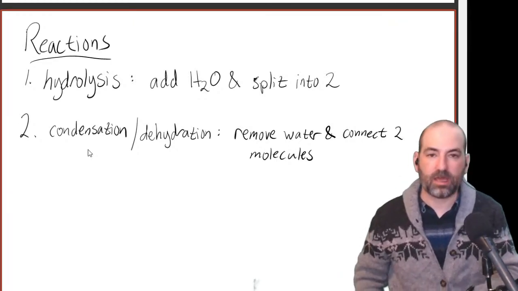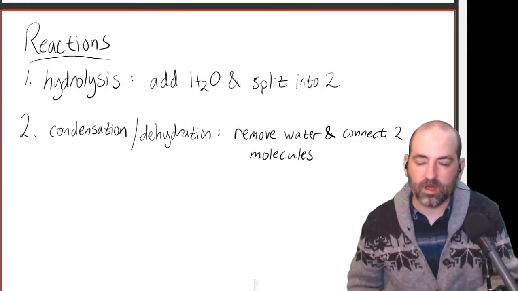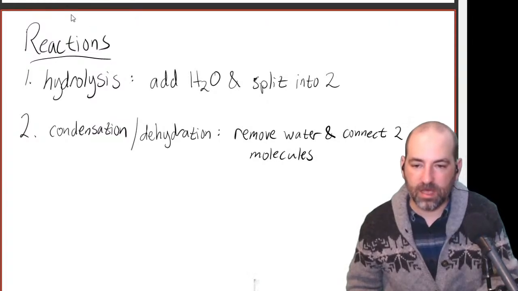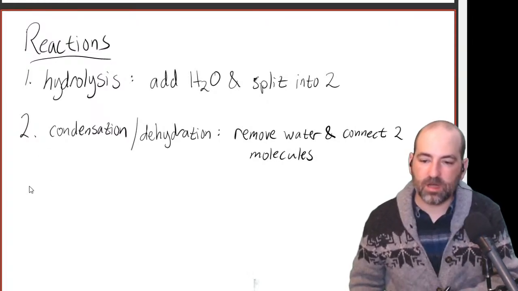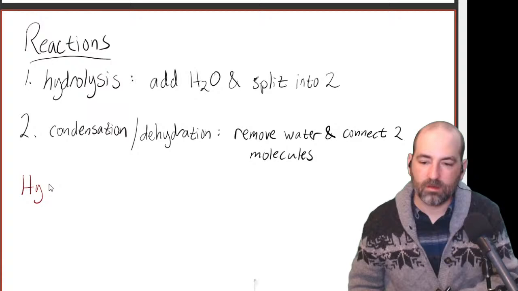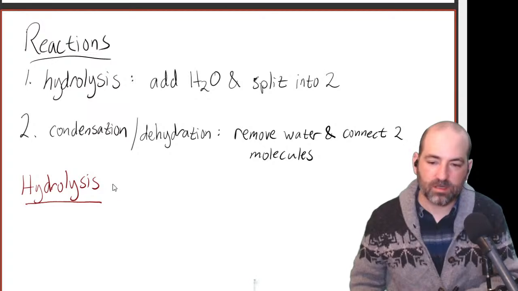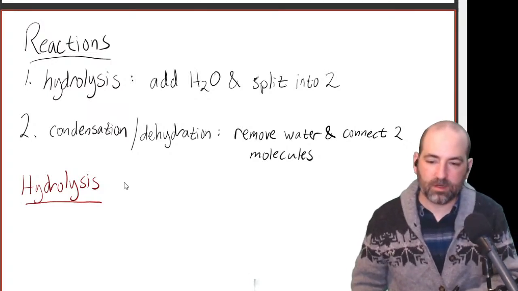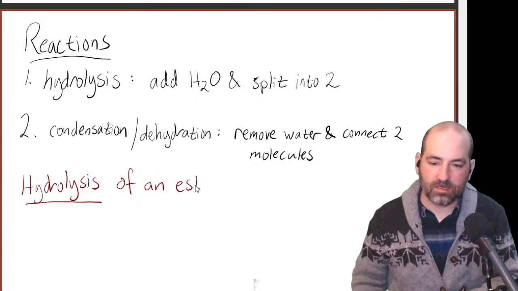Now, there's lots of different ways that we can do this. Both of these reactions are kind of general categories. We're going to focus on a couple examples in particular. So let's start with hydrolysis. And we're specifically going to look at hydrolysis of an ester or amide.